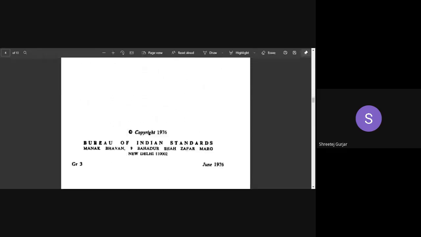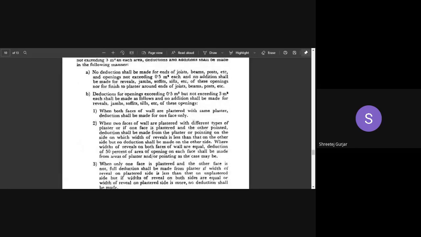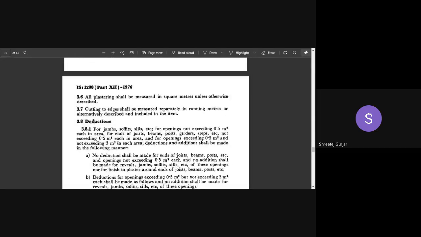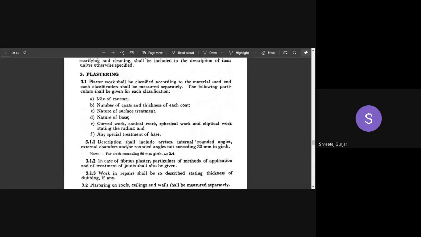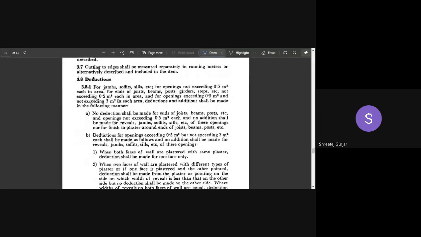Let me scroll down and show you where it is mentioned that you take only 50%. This is for plastering work, in section 3, and 3.8 deals with deductions from plastering.